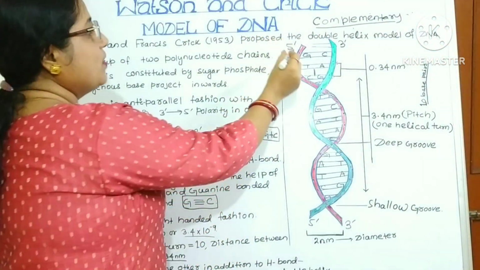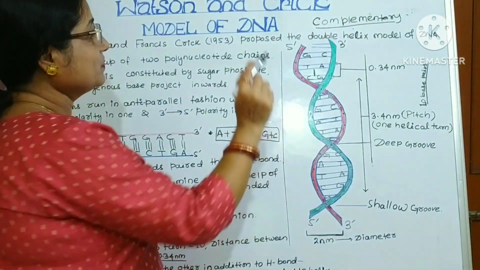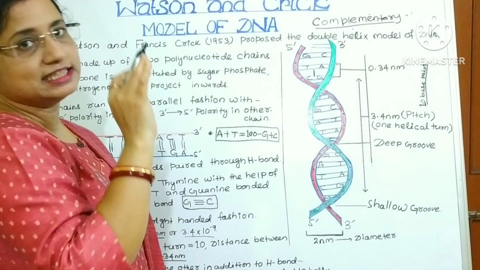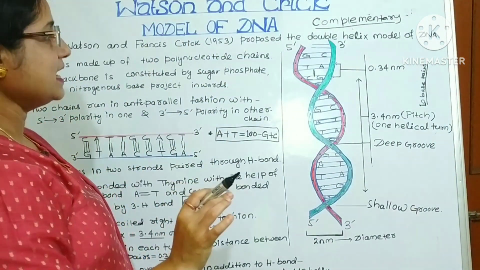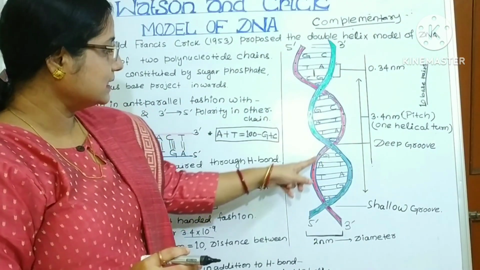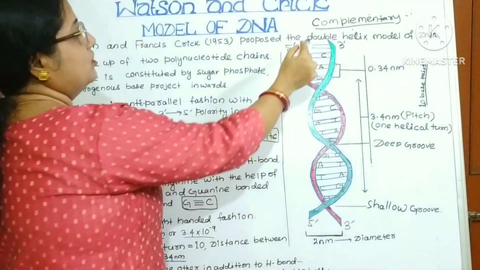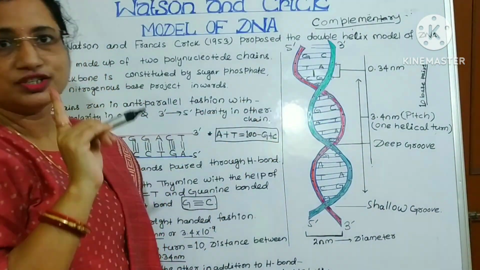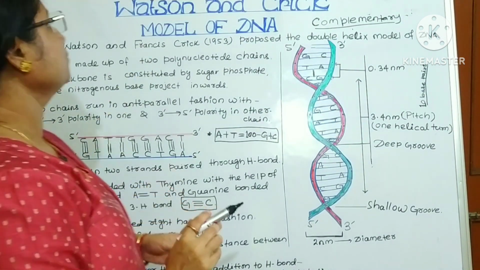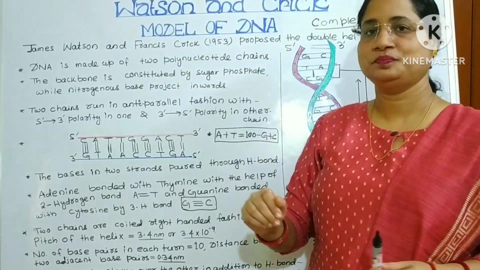Because guanine always pairs with cytosine, thymine pairs with adenine, and vice versa. So this is the Watson and Crick model of DNA.